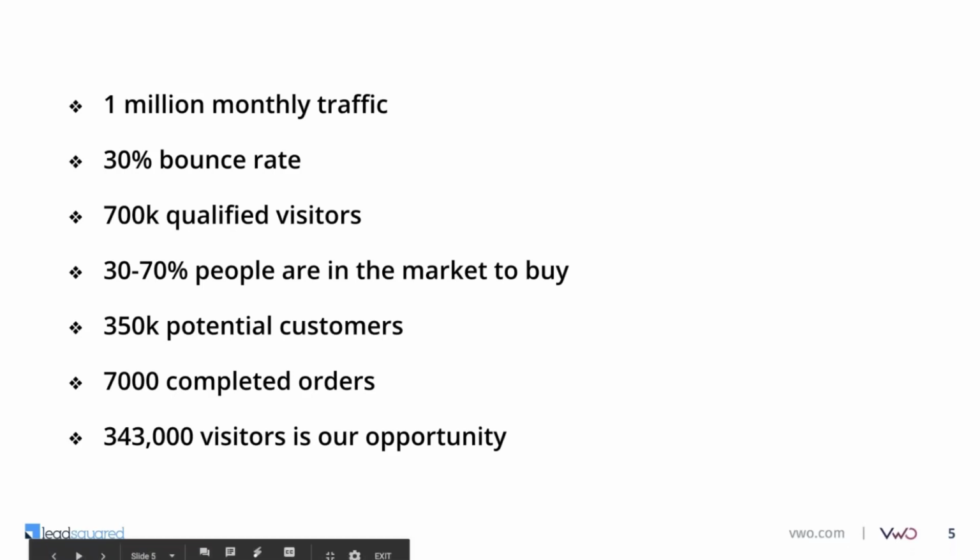As per research, 30 to 70% of the people are in the market to buy. So let's assume that 50% of the people are in the market to buy. So you have 350,000 potential customers. Let's say you have a 2% conversion rate and you have 7,000 completed orders. Now you're left with 343,000 visitors, which becomes your opportunity.